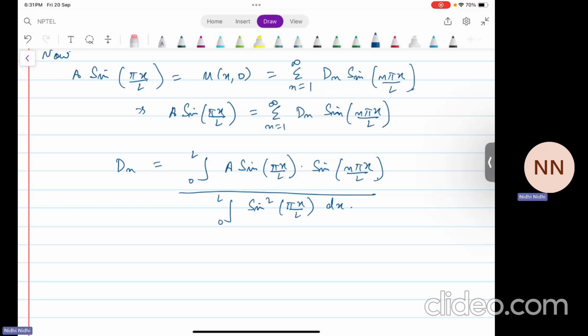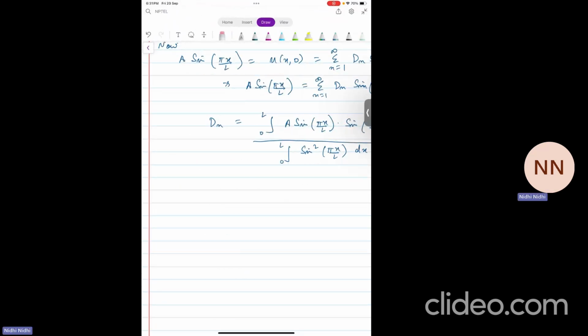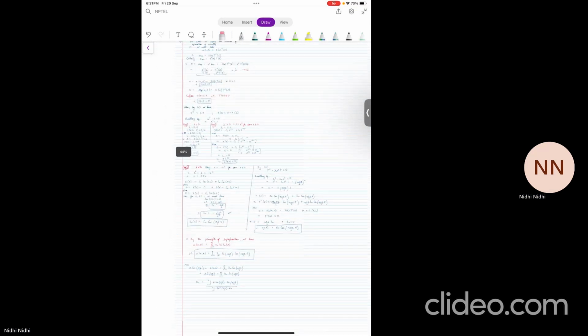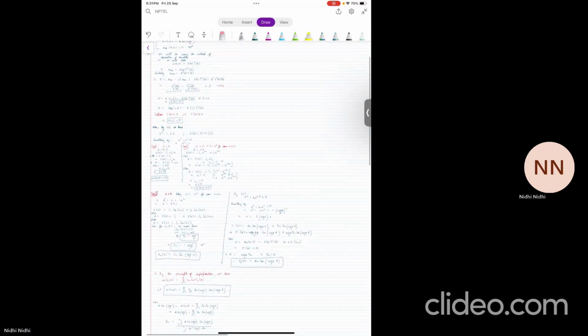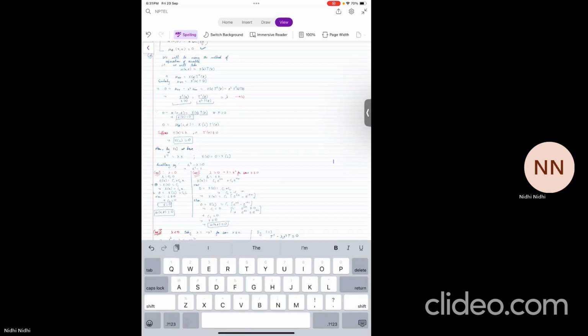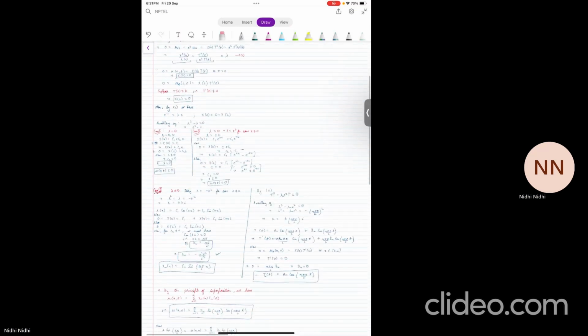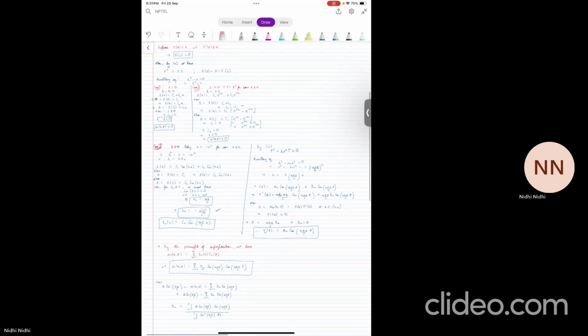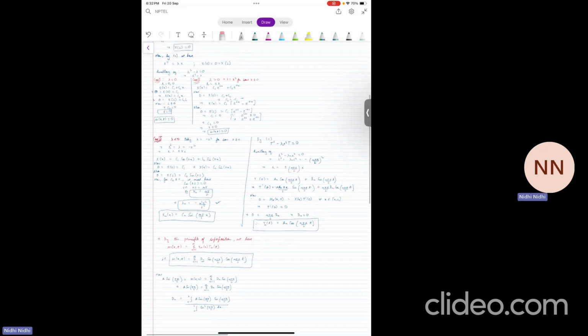Now I would like you to evaluate this dn. Just integrate it and see what this dn comes out to be. I'll wait for 5 minutes so that you can do all your calculations and find what this dn will be, so that at the end we can have an explicit form of our solution.